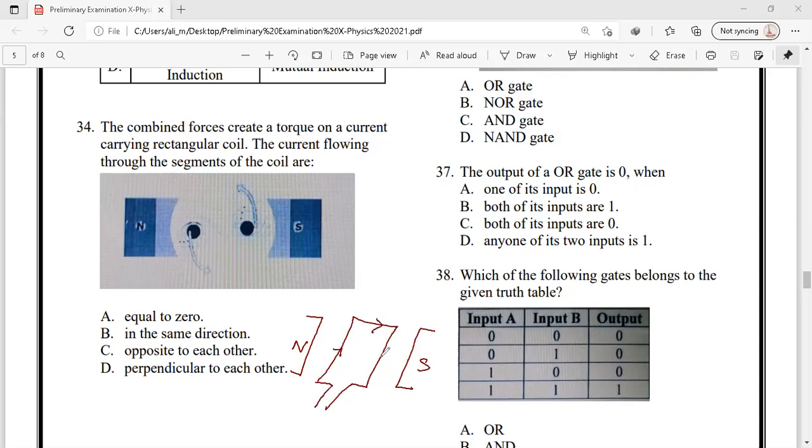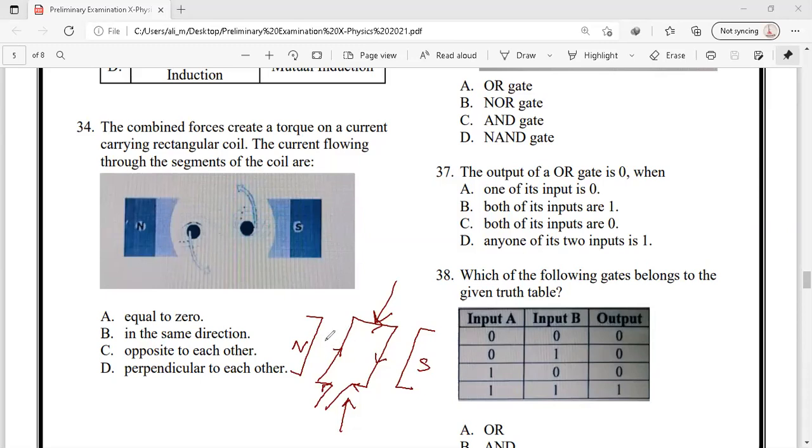If this is the direction of current flowing through this coil, then at this part of the coil and this part of the coil, the current and magnetic field are parallel to each other. So the force cancels out, or there is no force acting in this part.